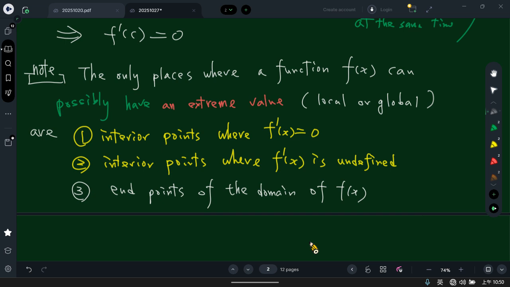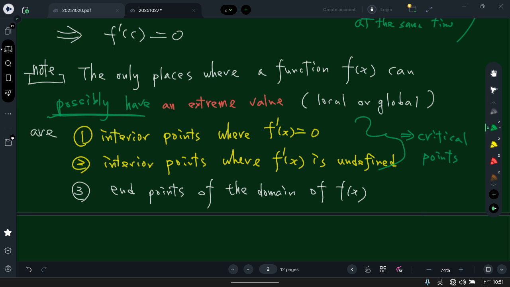Okay, so sometimes we call these points critical points. Critical means we can say it's very important. But don't forget, this is just possibly having an extreme value, not guaranteed.